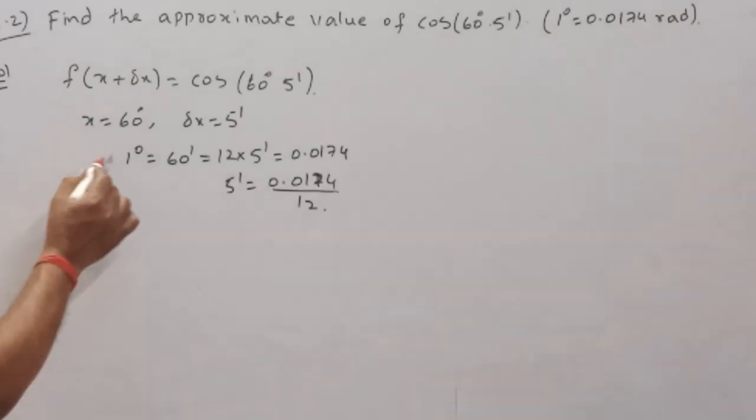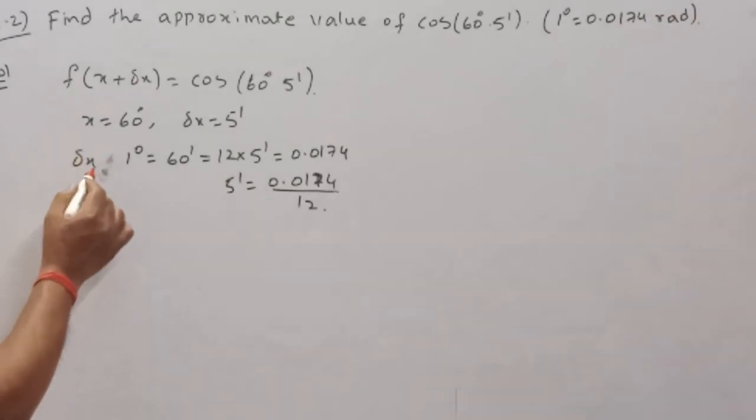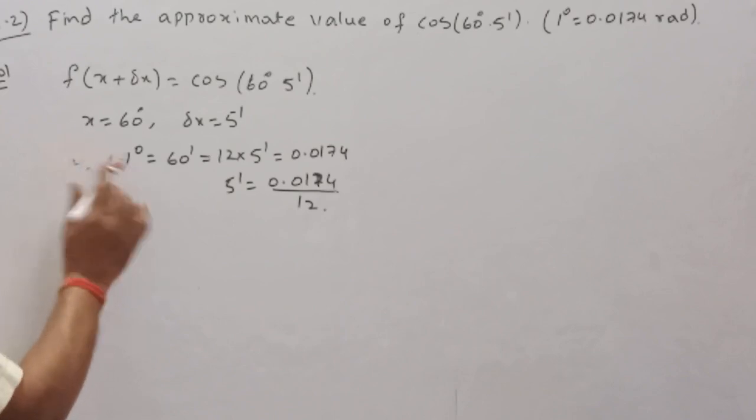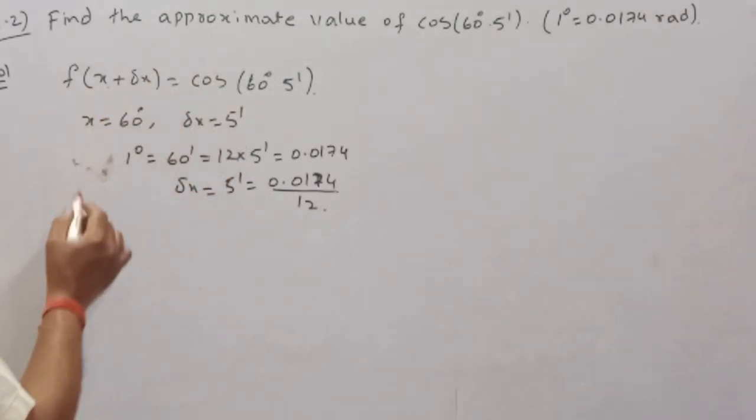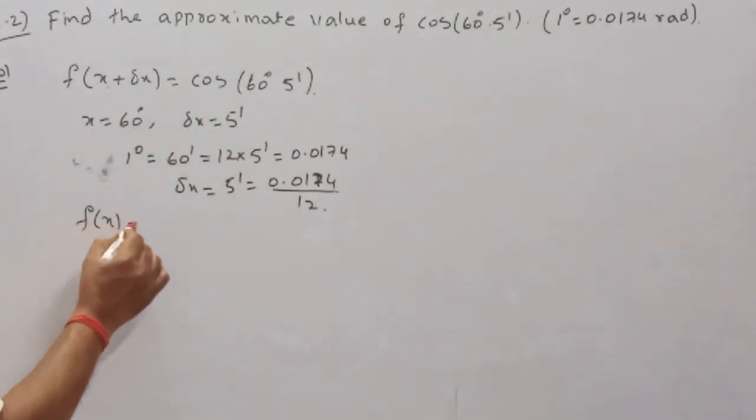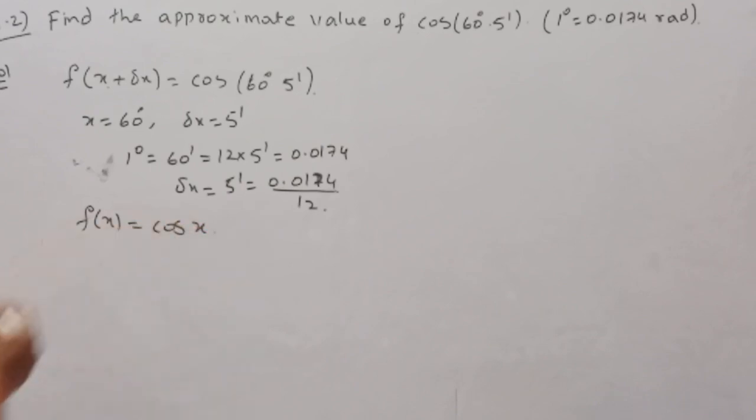So this is delta x. Then f of x plus delta x. f of x is equal to what? This is cos x.